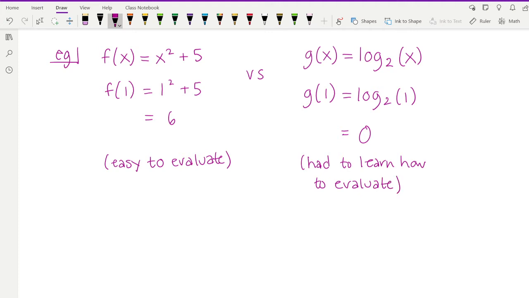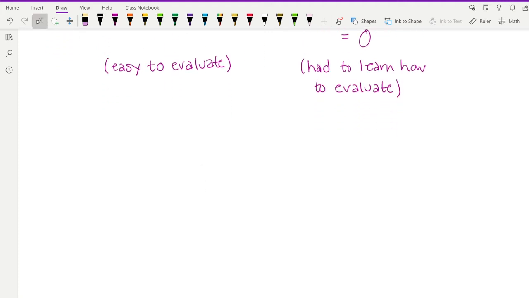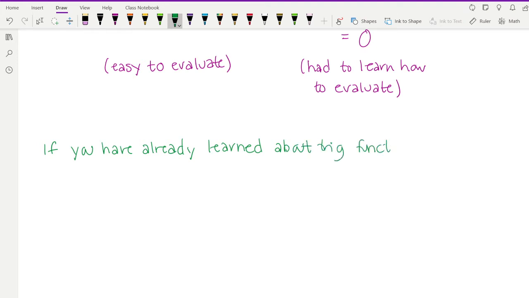Okay, one last thing I want to say before we get into trig functions and how they work is a little disclaimer for people who've maybe already learned trigonometry. So if you have already learned about trig functions, whether it was in a previous trigonometry class or a geometry class or sometime in high school, you may be thinking of, oh, trigonometry, that's opposite over adjacent, things like that.